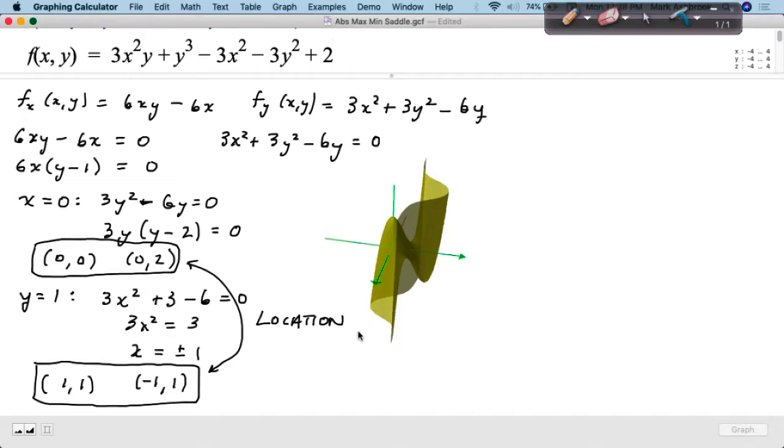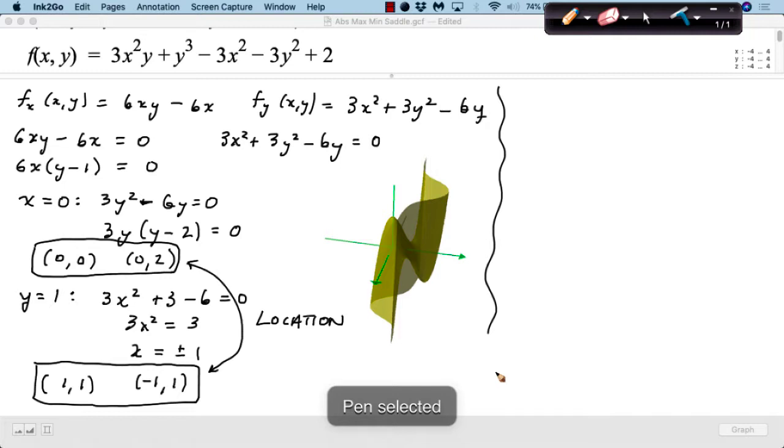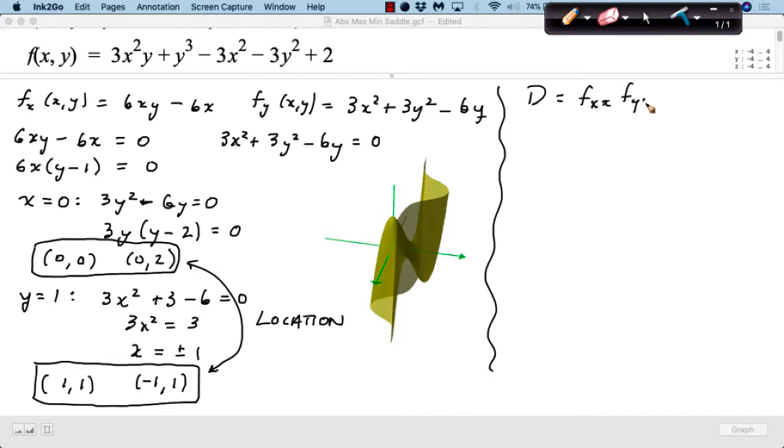Oh, so no, we've got to do the discriminant. What am I saying? We've got to do the discriminant, second derivatives. So we're going to determine what is what, right? We're not going to rely on the picture at all. The picture confirms it, but we're going to do the discriminant. So that's fxx times fyy minus fxy squared. What's helpful with these is to make a table.